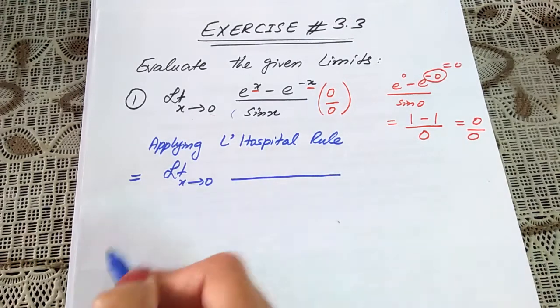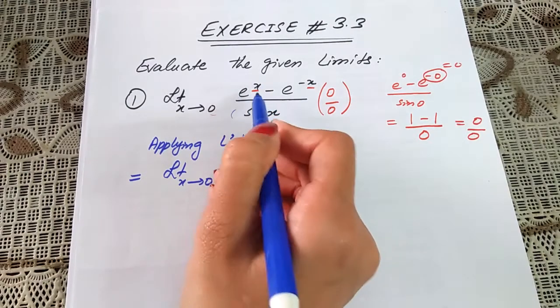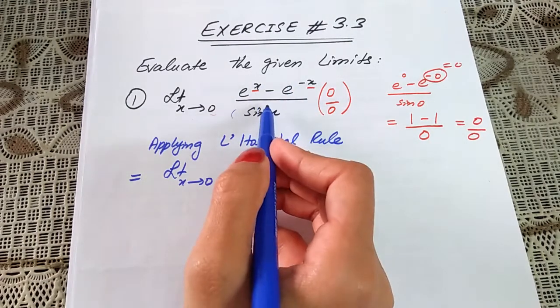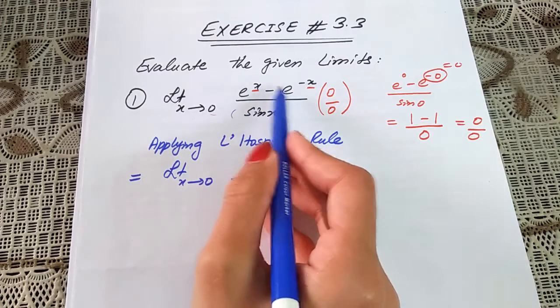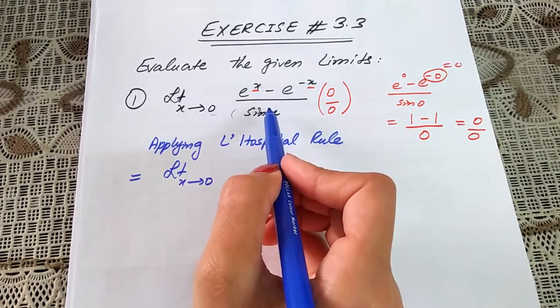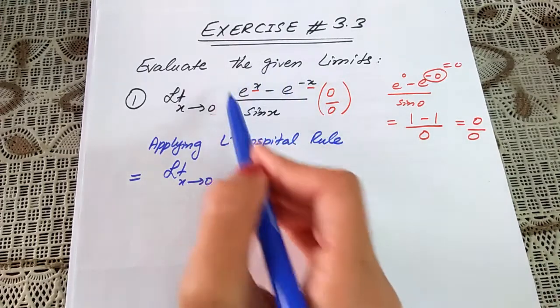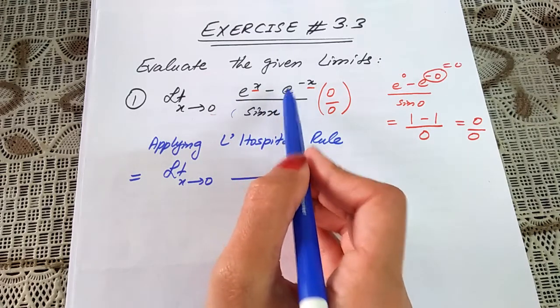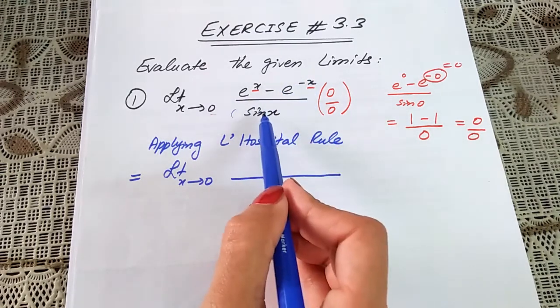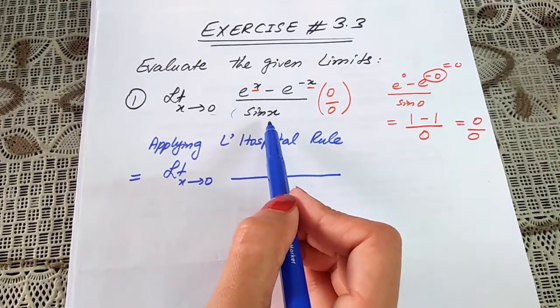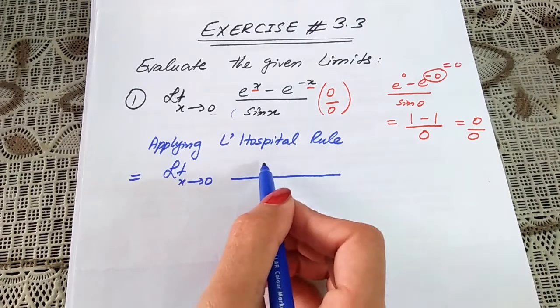This is a fraction form. Now I am differentiating the numerator. Don't use the quotient rule of differentiation here. We cannot differentiate it as one function. We have to differentiate the numerator separately and the denominator separately, and keep them at their own places.